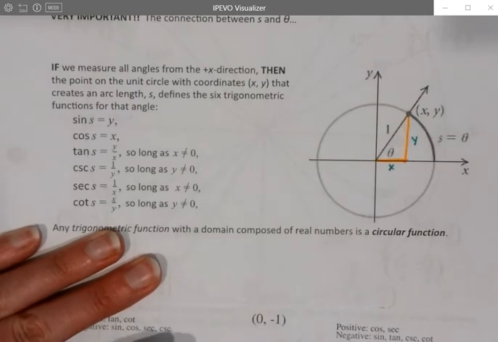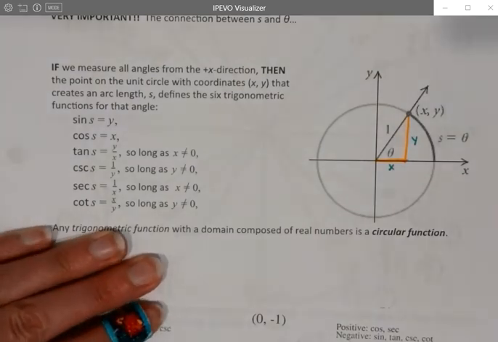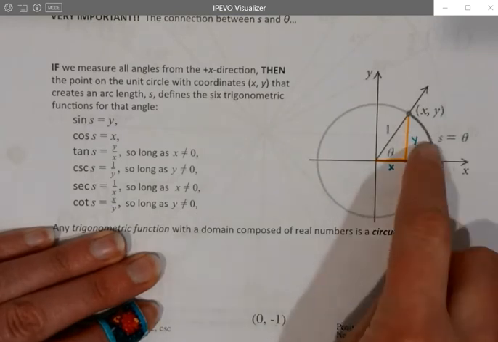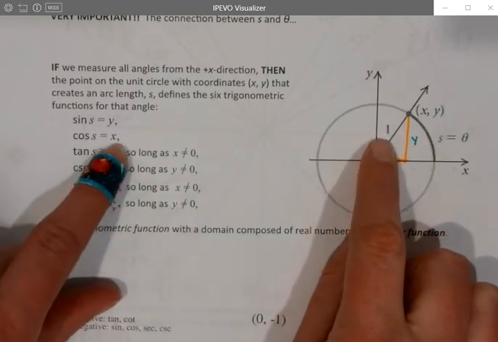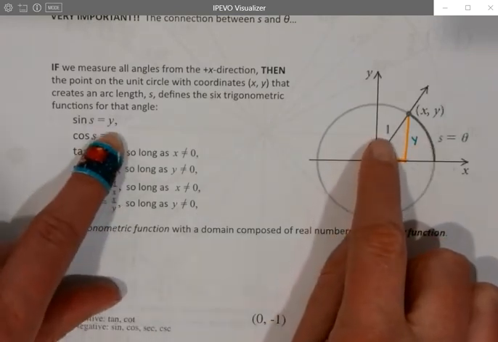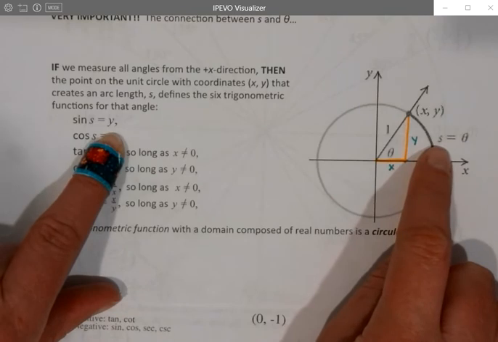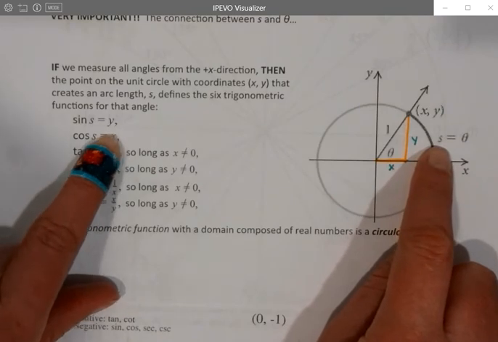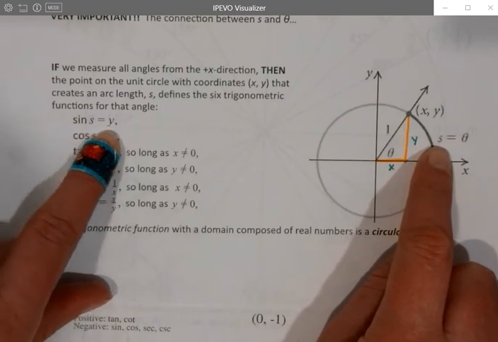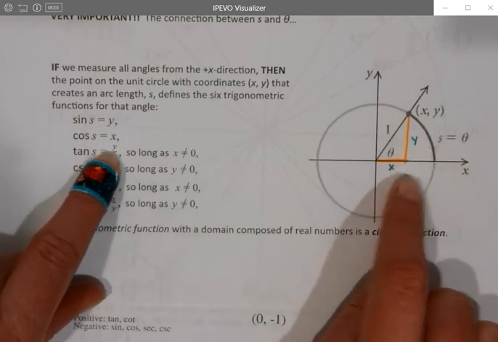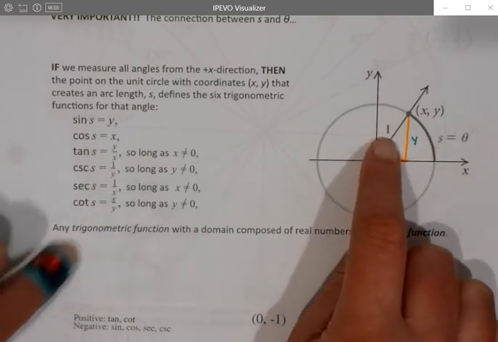And so just using what I already know about the trigonometric functions, about opposite over hypotenuse for sine, since I'm on the unit circle, the hypotenuse is 1, so I can just say sine of s is y. You can interchange s with theta here since they are equivalent because this is a unit circle. So sine of theta is equal to y, cosine of theta is equal to x because it would be adjacent over 1, and so on.